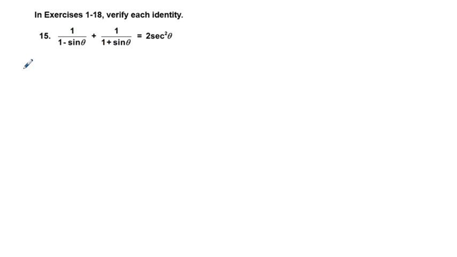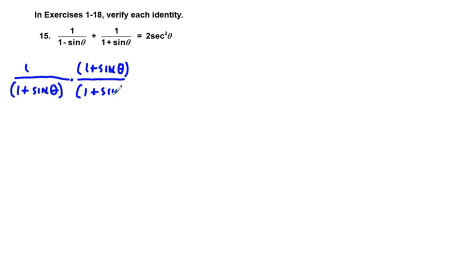And so what we're going to have is 1 over 1 plus sine theta, and we're going to multiply this expression by 1 plus sine theta over 1 plus sine theta. And then we're going to add to that this 1 over 1 plus sine theta.